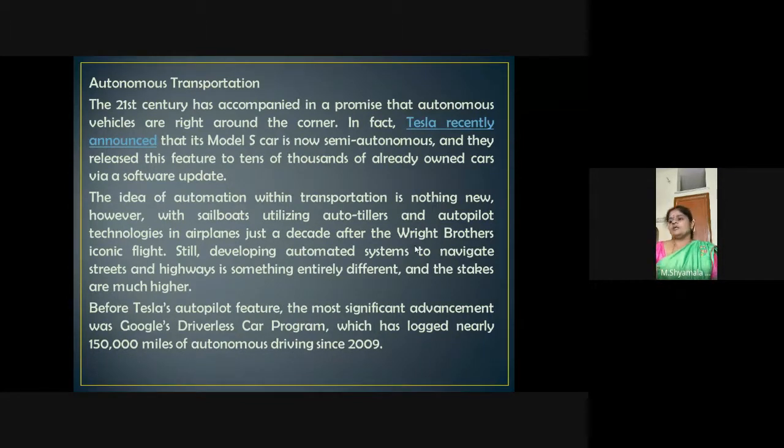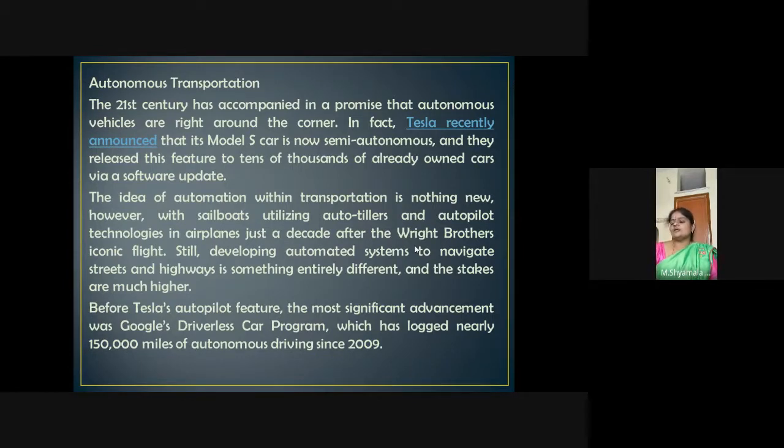The idea of automation within transportation is nothing new, with sailboats utilizing auto tillers and autopilot technology in airplanes just a decade after the Wright brothers' iconic flight. However, developing automated systems to navigate streets and highways is something entirely different, and the stakes are much higher.